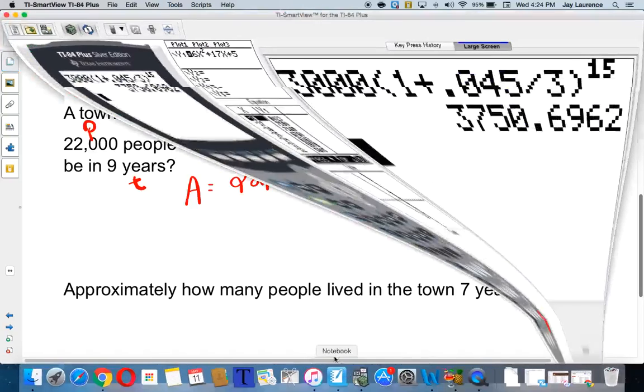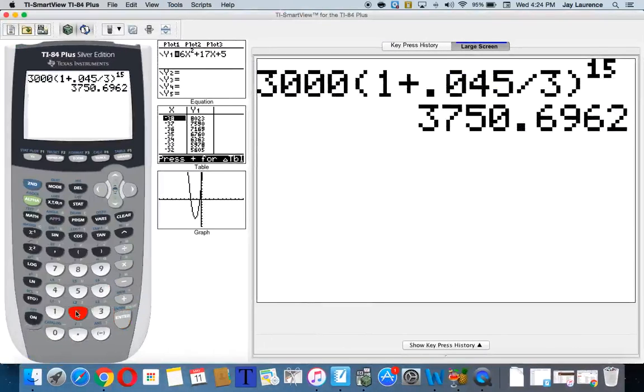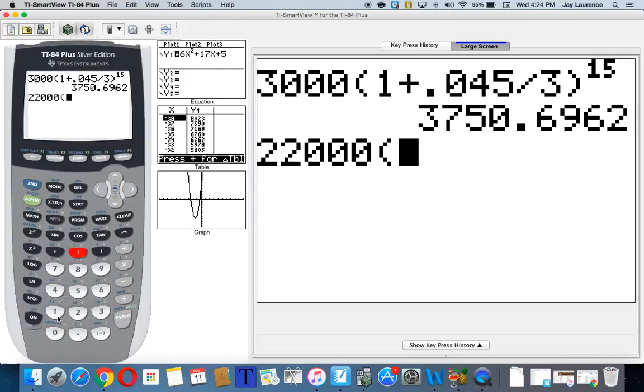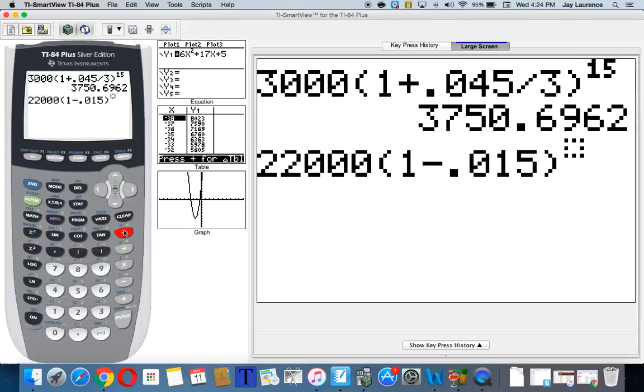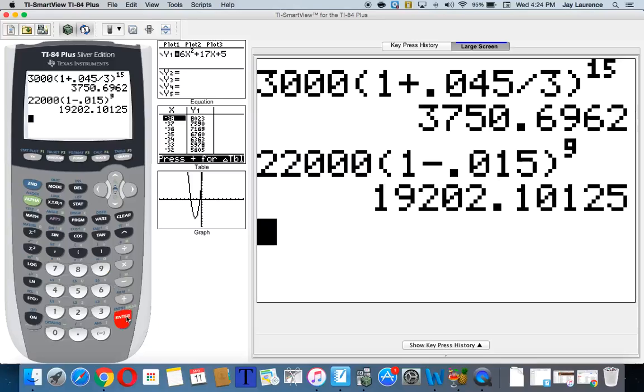So I'm going to have 22,000 times 1 minus 0.015, and I'm going to raise that to the 9th power. And in 9 years, I would expect approximately 19,202 people, approximately.